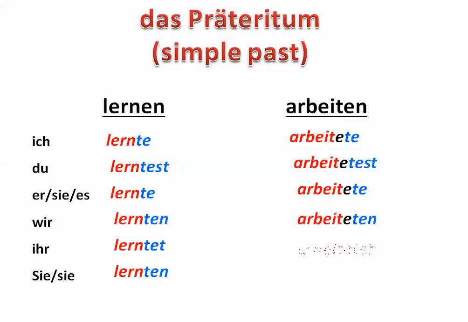Wir arbeiteten, ihr arbeitetet, sie arbeiteten. And you can see that this sound is really strange. So in spoken German, you can see where they would prefer to say ich habe heute gearbeitet instead of ich arbeitete heute. But in written German, you're likely to see this tense.